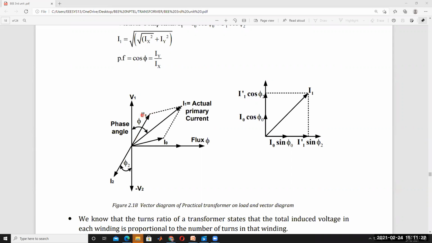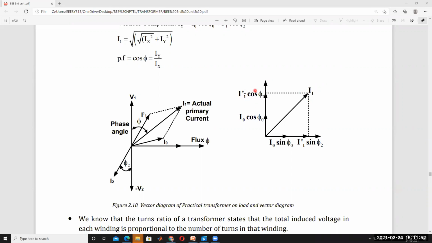The resultant of these two currents, no load current and load current, is the actual primary current, called I1. I1 is equal to I1 dash plus I naught.